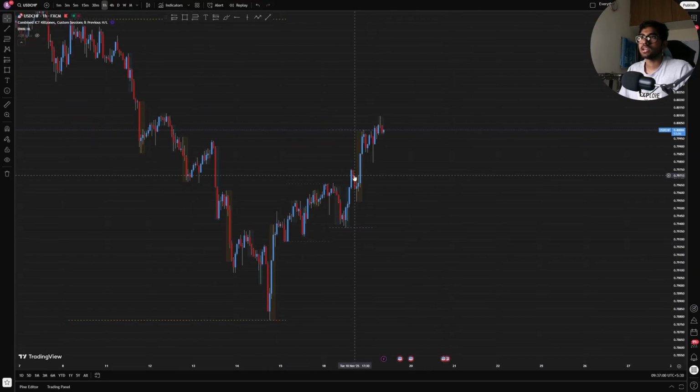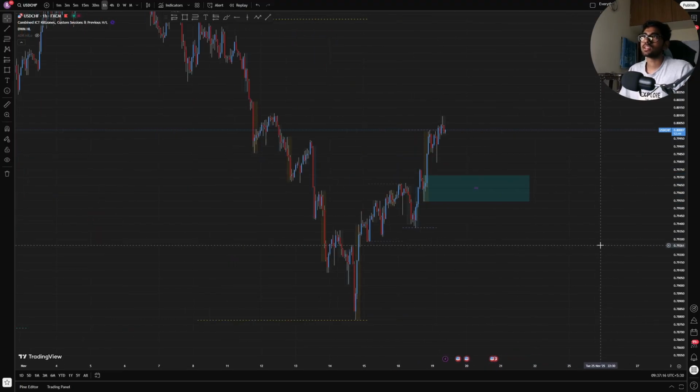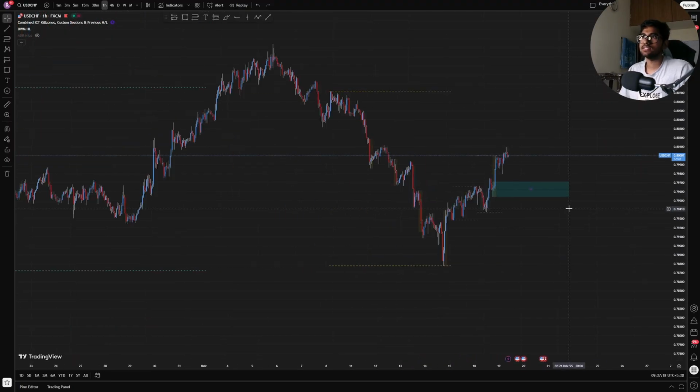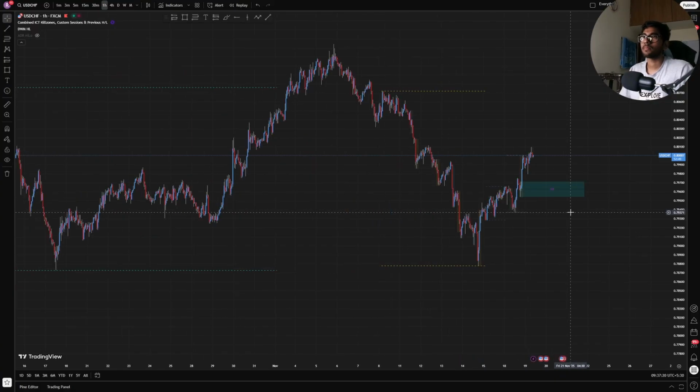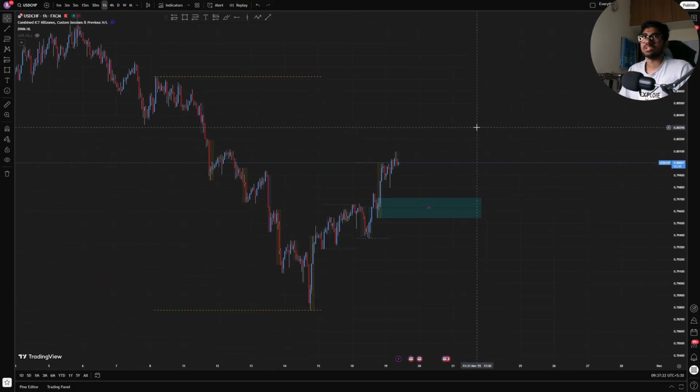I guess we could see buys from this region, just from this, because we got the one swing and then we got the second swing structure. But yeah, apart from this, I don't think I would see anything else in USDCHF.